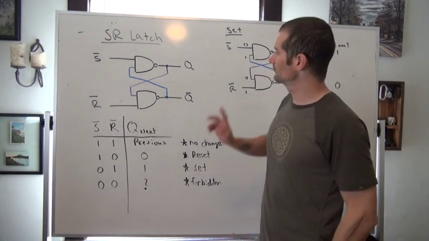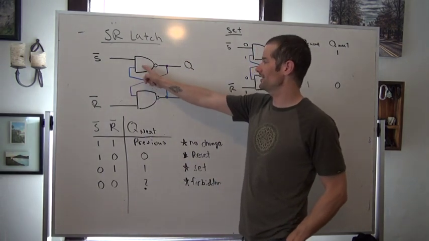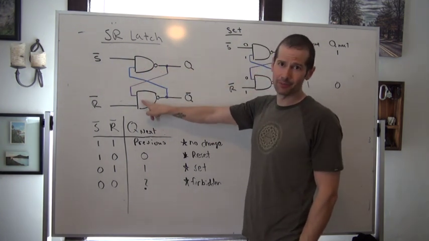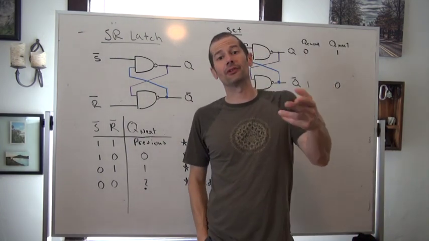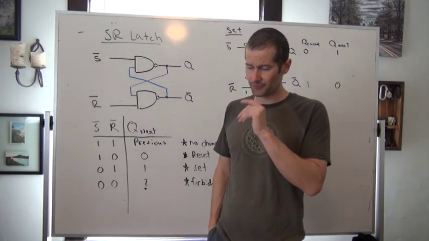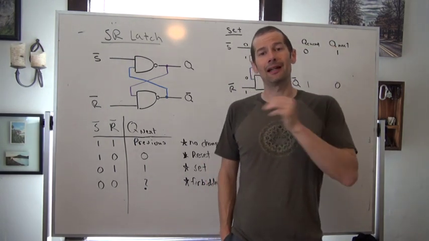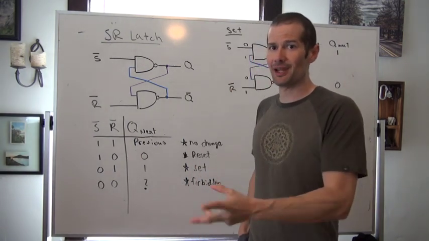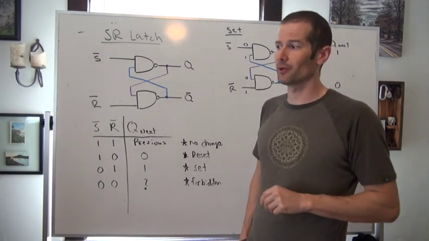One thing to note is that Q bar is utilized as an input to the top gate with S bar. Q is utilized as an input on the bottom gate with R bar. The reason why I sent out that document with multiple steps as homework for you guys is because it gets you used to stepping through these gates bit by bit and seeing how they work.